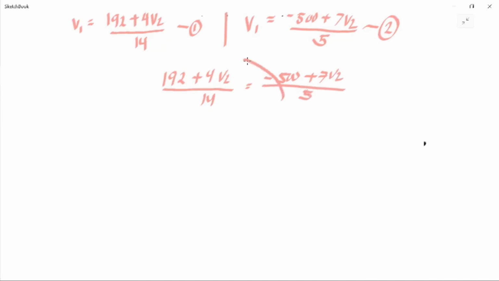We cross multiply, we get 960 plus 20V2 is equals to negative 7000 plus 98V2. Therefore, V2 is equals to 102.051 volts.